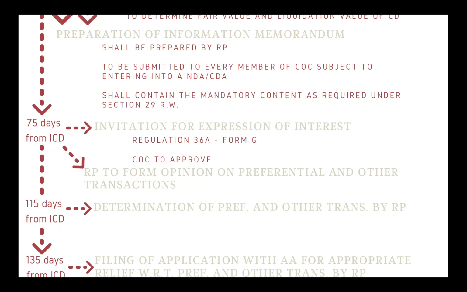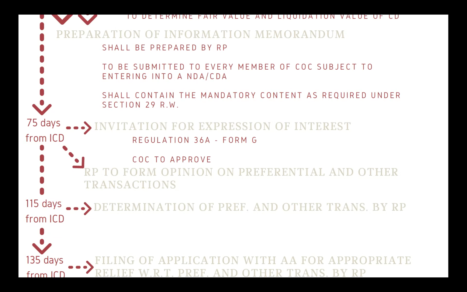So what are we doing as an RP? I am inviting expression of interest from the public. I publish an invitation for expression of interest in Form G as per Regulation 36A in one English newspaper and regional newspapers.